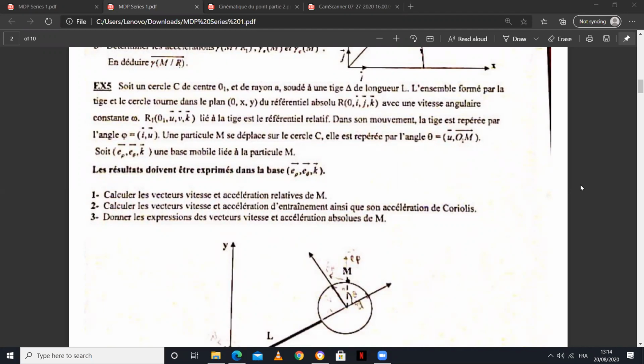So what's going to be our vector position? It's going to be what? In the repère relatif that we have here, what's going to be our vector position? To be easy.